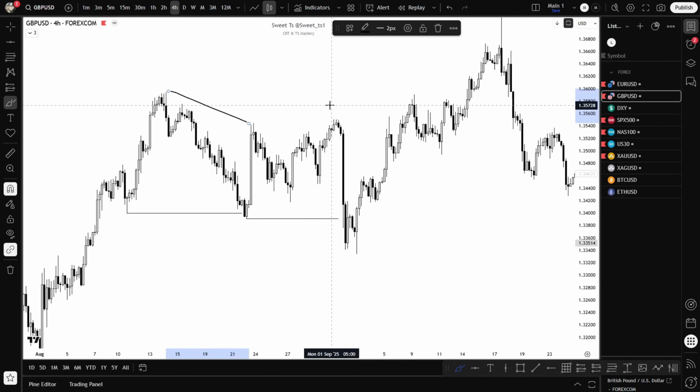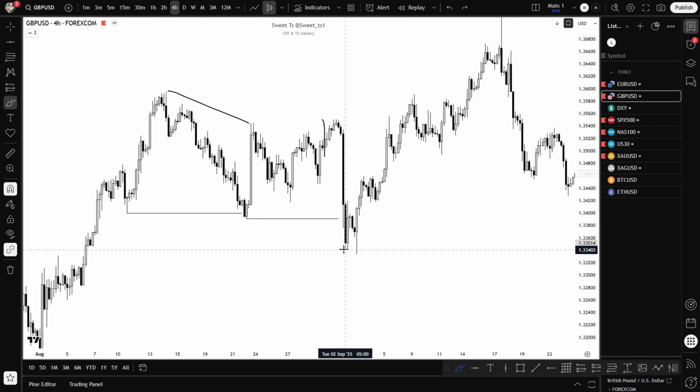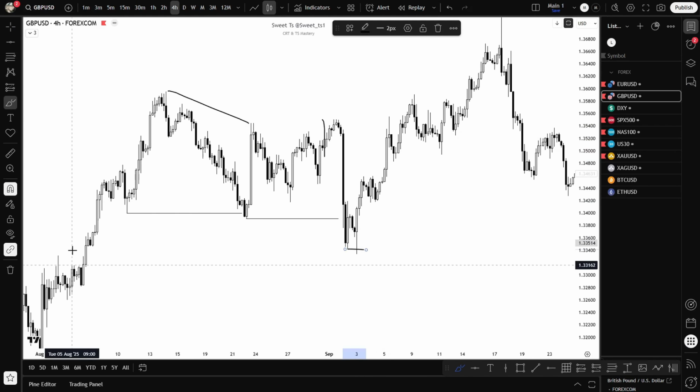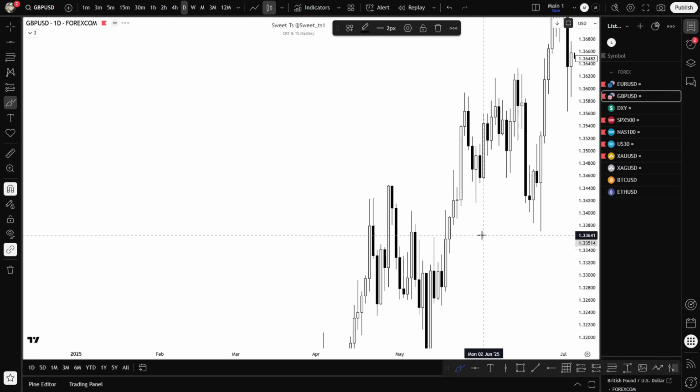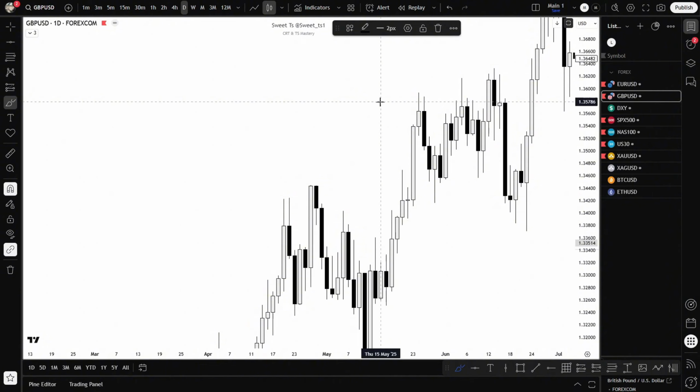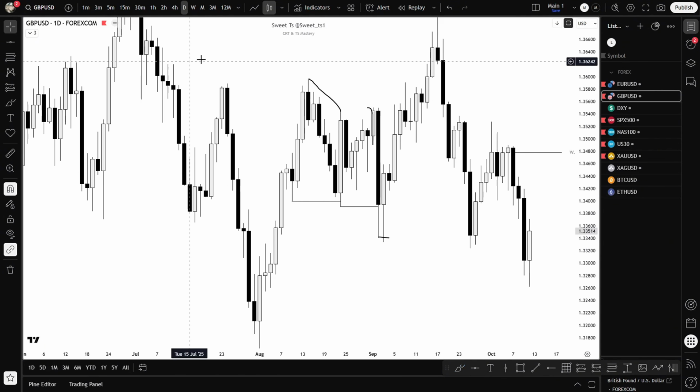But actually, once the monthly opens low, this is what we're looking for. So liquidity engineered and taken inside the key level, which is the daily FVG, right?